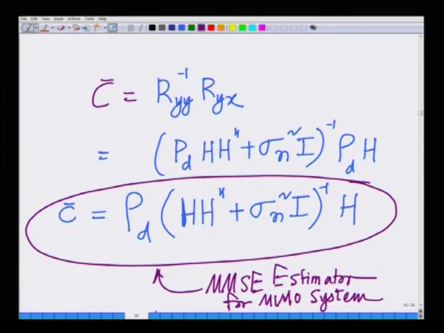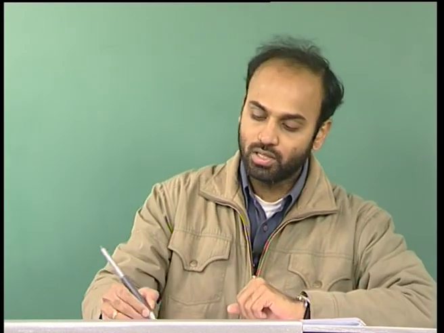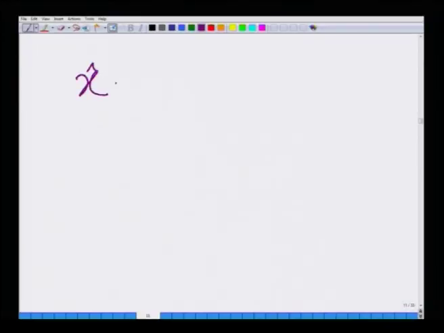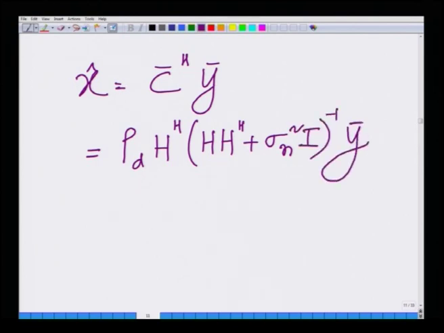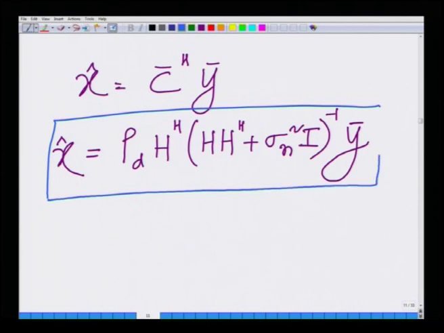Now, we also know that the estimate of the symbol is given as x hat equals C bar Hermitian y bar, which essentially means P d h Hermitian times P d h Hermitian h Hermitian plus sigma n squared I inverse into y bar. That is x hat, and this is nothing but the MMSE estimate of x.